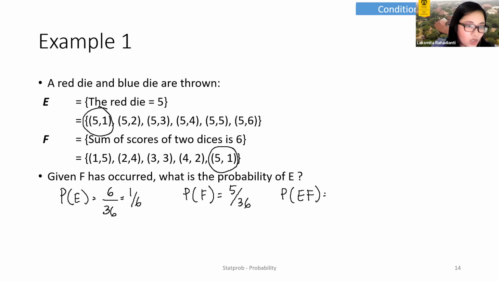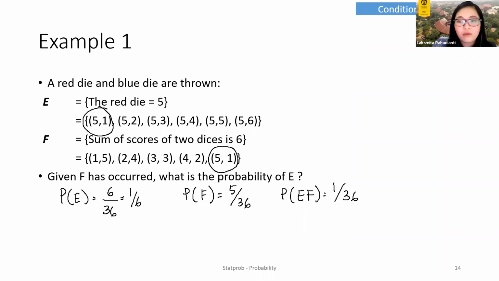I believe this is the only outcome that comes up in both events. Thus, we can also write this as one outcome over 36 because there are 36 outcomes in my sample space.